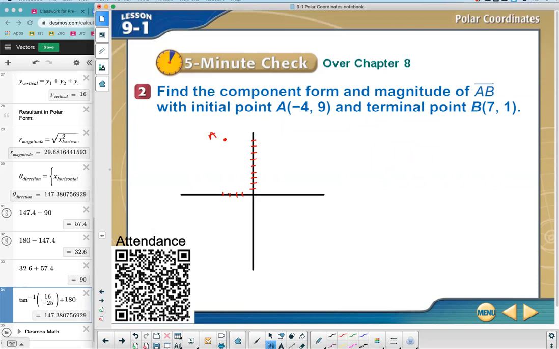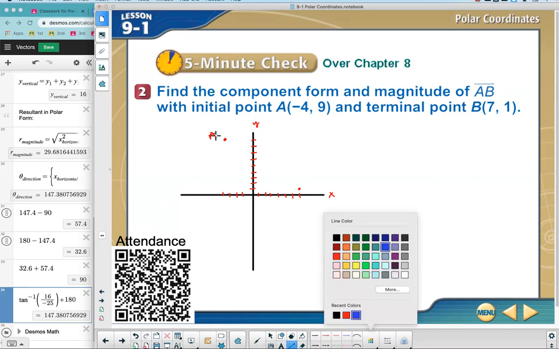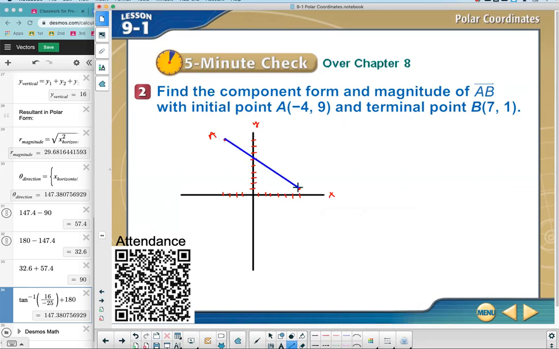There's point A, it's the initial point. And we have a terminal point, 7 to the right, and up 1 unit. 1, 2, 3, 4, 5, 6, 7, up 1. And so initial to terminal, starting to finish, would look like that.